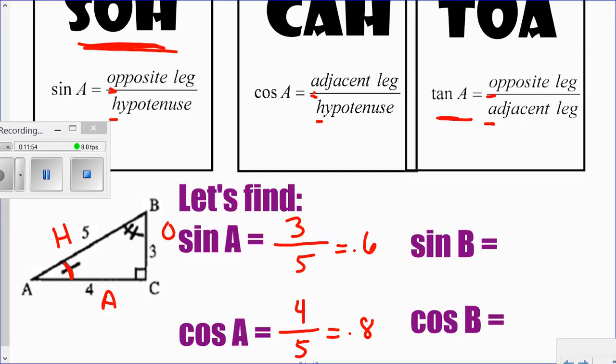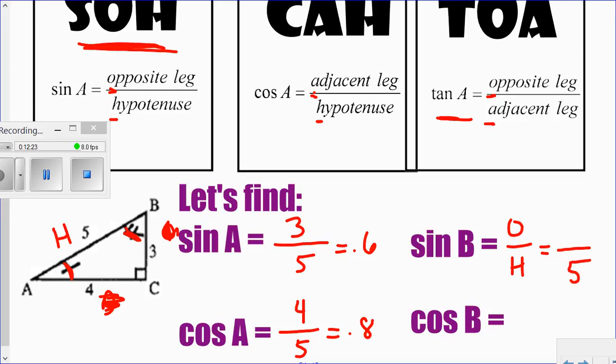Okay. So now we're going to look at the sine and the cosine of angle B. So again, I'll ignore these markings, I'll cross them out. I'll keep the H though because that doesn't change. But now I'm looking in reference to angle B. So when I'm looking for sine, I'm looking for opposite O divided by H. So I'm going to go ahead and put the hypotenuse of 5.